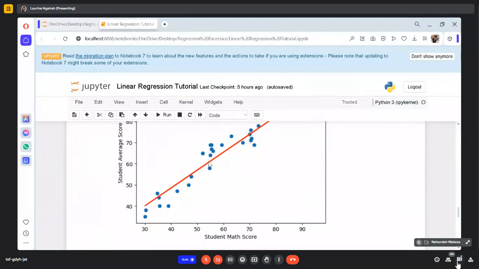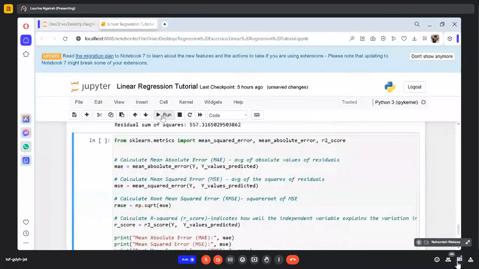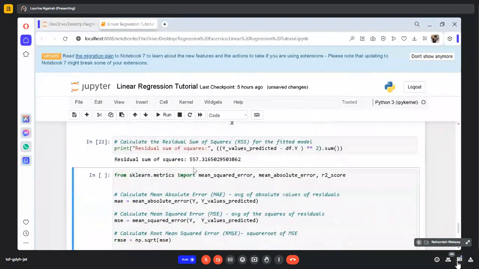Then we square it, and I read somewhere that we are squaring it to make the numbers positive. So that's why we are squaring it. For this value, it should be as minimal as possible for your model to be accurate.